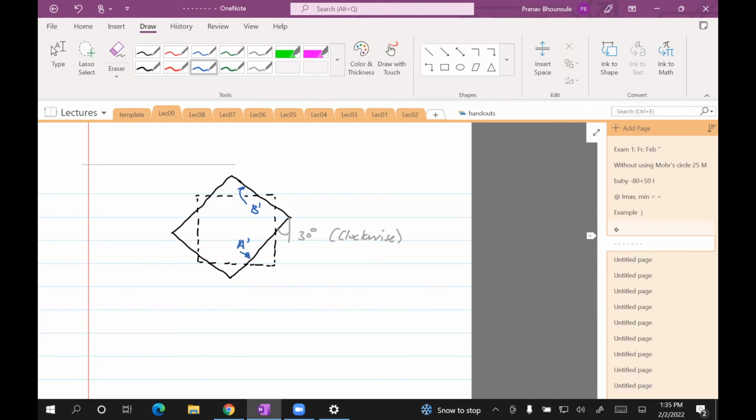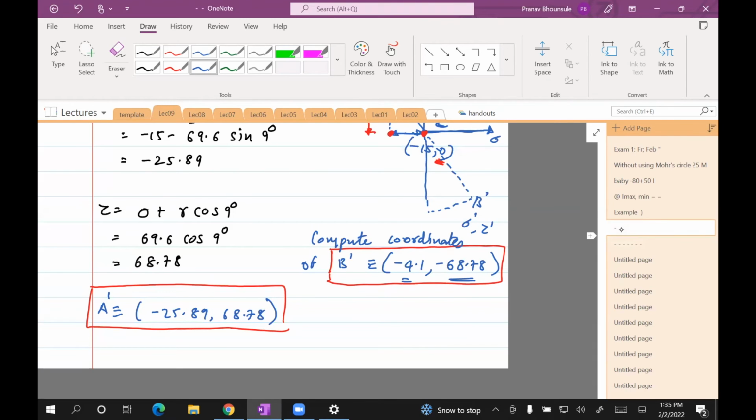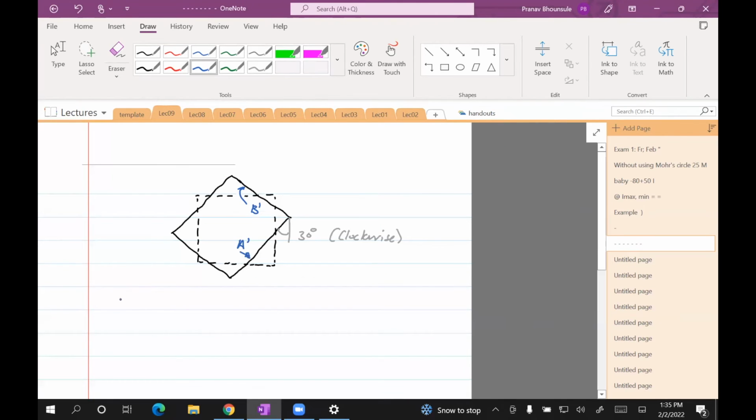Okay, sometimes it's easier if I just write these numbers here. A is minus 25.89 and 68.78. And then B is minus 4.1 and minus 68.78.